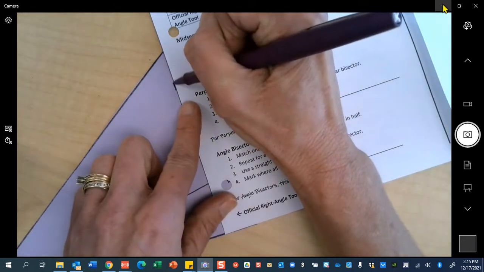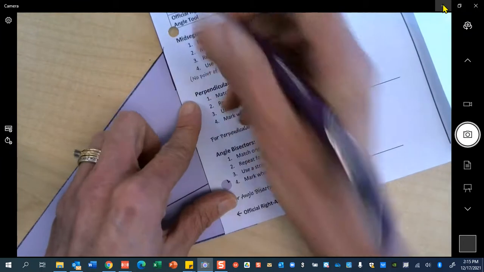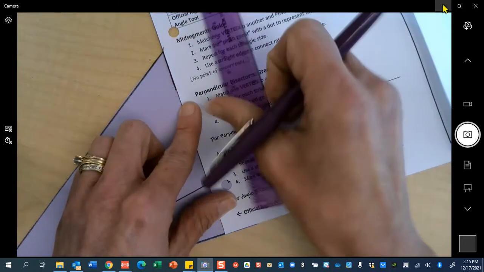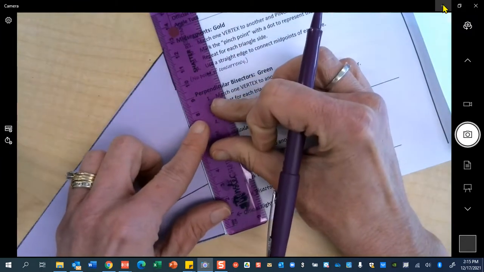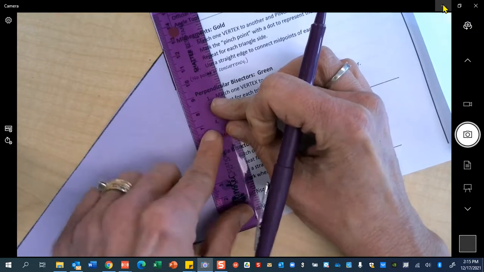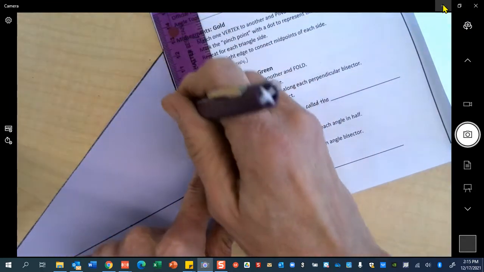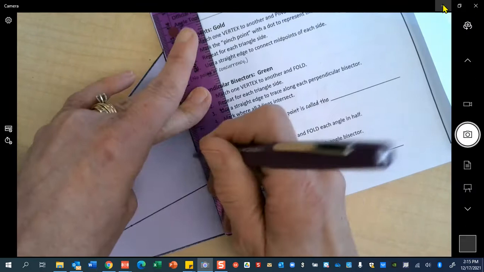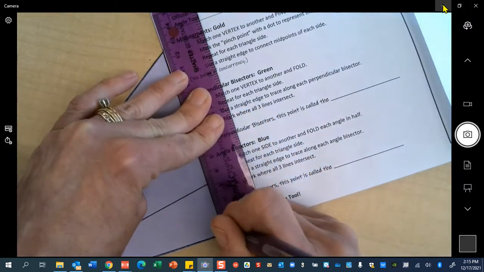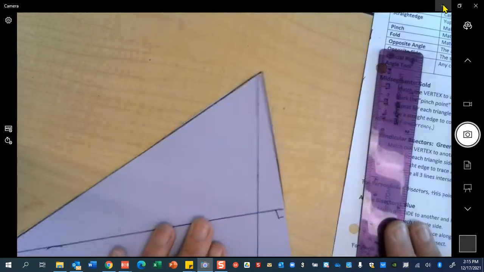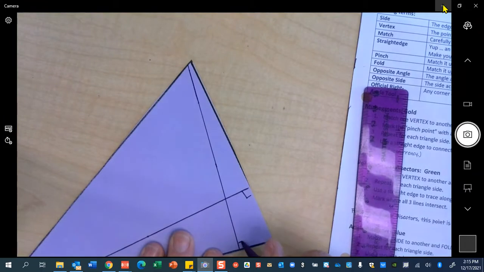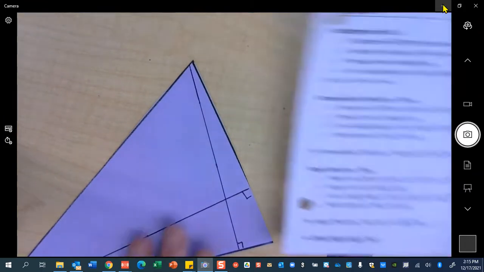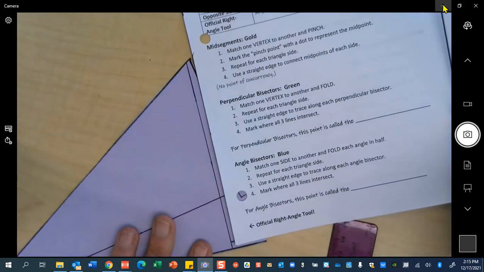And then when I trace along this straight edge, and if it's easier for you to get a straight edge, then you know that that edge and that angle are lined up, because this is guaranteed to be a right angle because I measured it with my official right angle measuring tool.